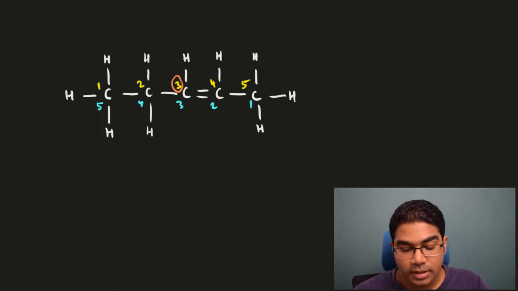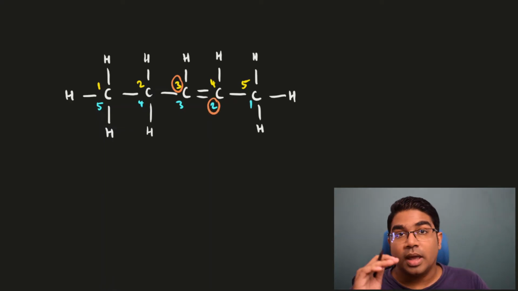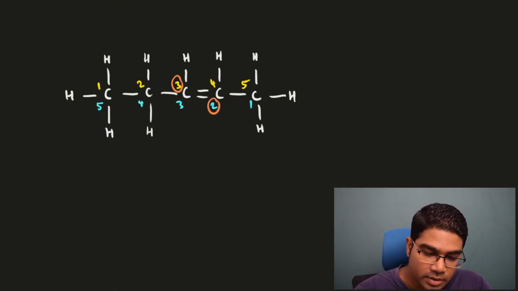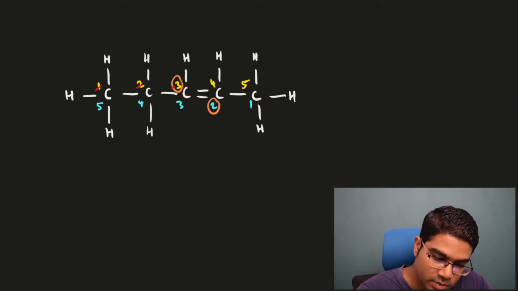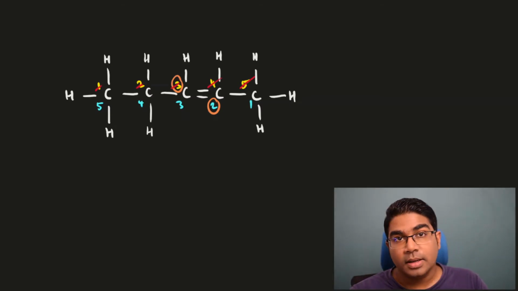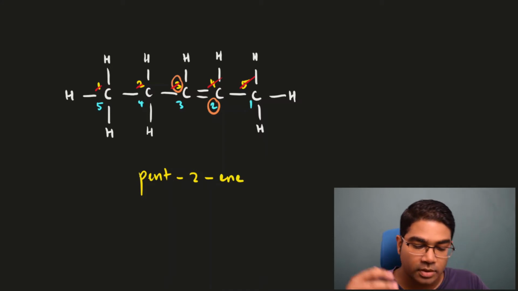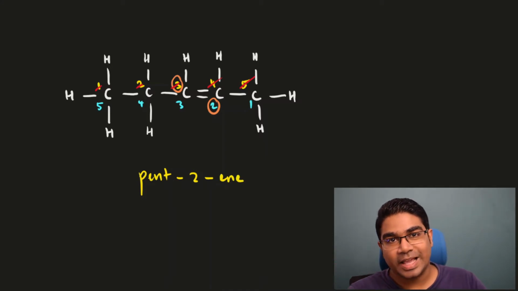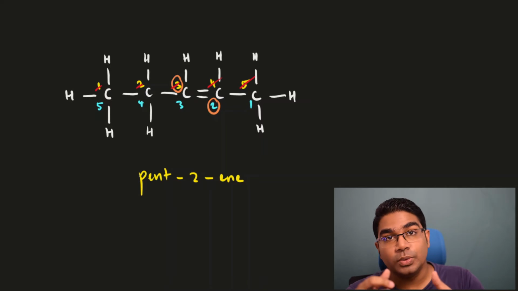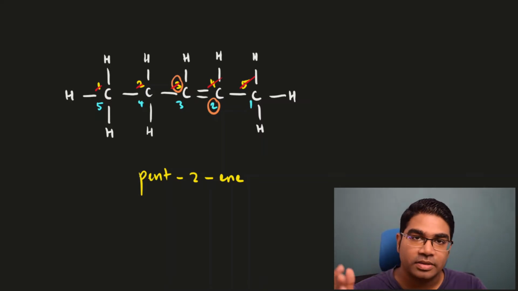If we count from the right, it would be 2. And we are going to choose the smaller number. So this will be eliminated. And this would in fact also be pent, because we have 5 carbons, 2 for the position of the CC double bond and ene for alkene. So this is actually also pent-2-ene. There is no such thing as pent-3-ene.